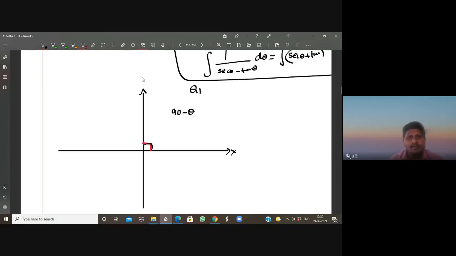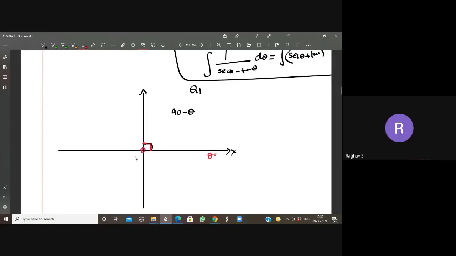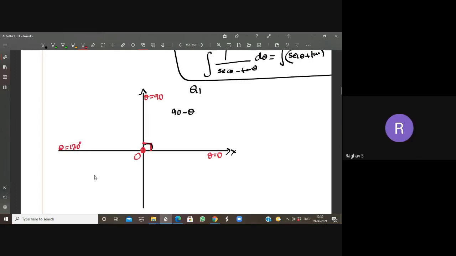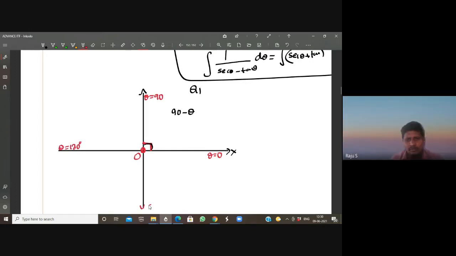On the x-axis, this is the origin, 0 degree. OX is the initial line, the initial ray. So 0 degree and 360 degrees. Here theta will be 90, here 180, 270, again 360.